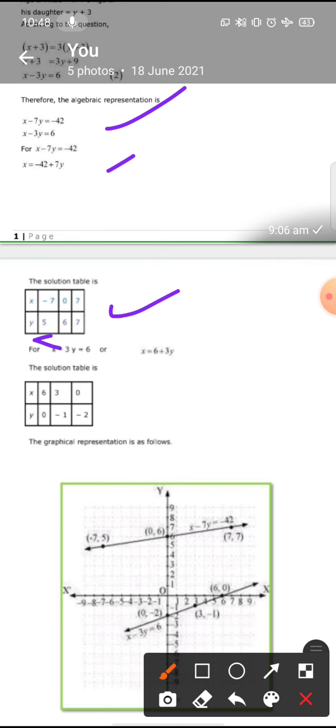First, suppose the values of y are 5, 6 and 7 in the first equation, that means x minus 7y equal to minus 42, which we found from the before-age situation. Okay, so x minus 7y equal to minus 42 is the first algebraic expression, and we have to find the values of x and y from there.